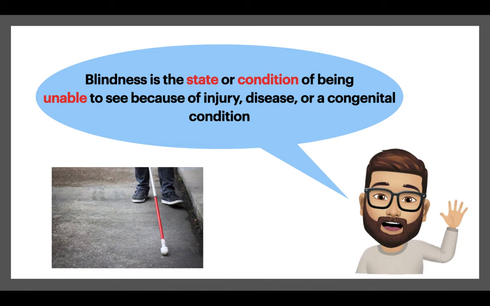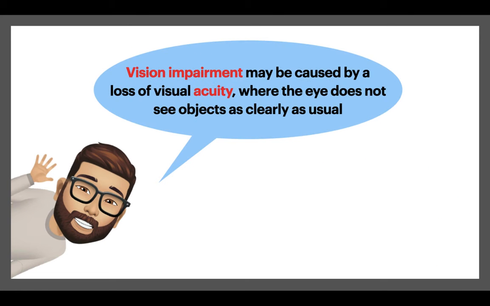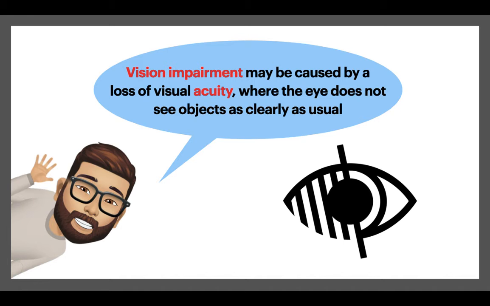Blindness is a state or condition of being unable to see because of injury, disease, or a congenital condition. Vision impairment might be caused by a loss of visual acuity where the eye does not see objects as clearly as usual.